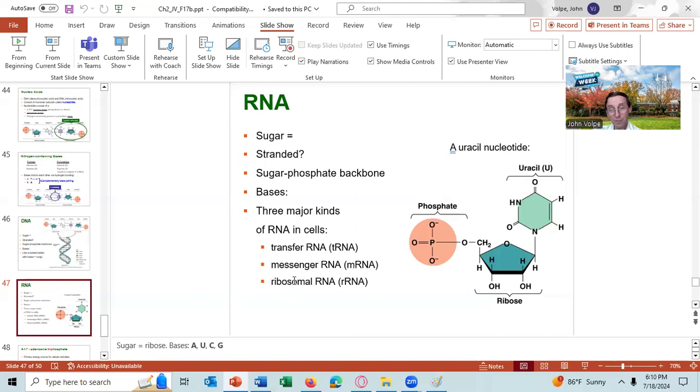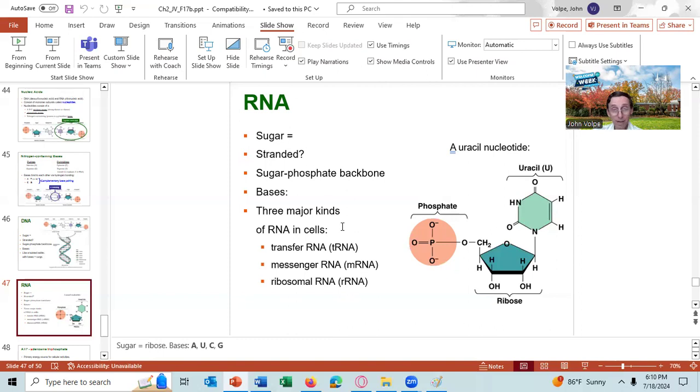But what's the difference between the tRNA, messenger RNA, and rRNA? Do they have a different sugar? Does one of them not have ribose as a sugar? I would say no. Yeah, that's a no. And that is they all have the same sugar. I told you RNA is made up of ribose for its sugar.